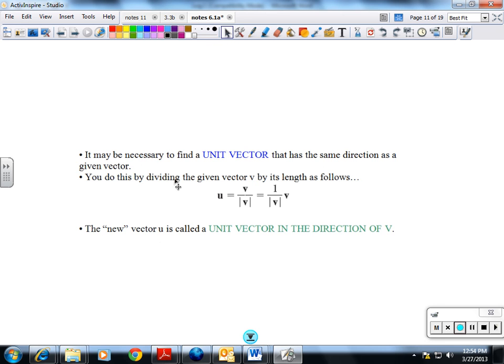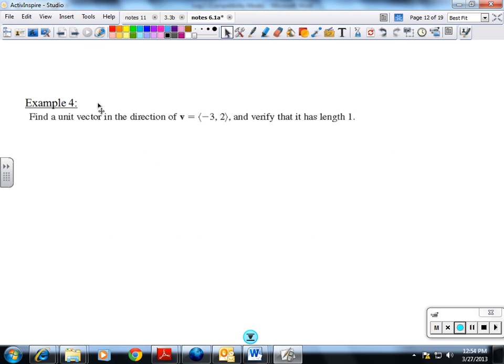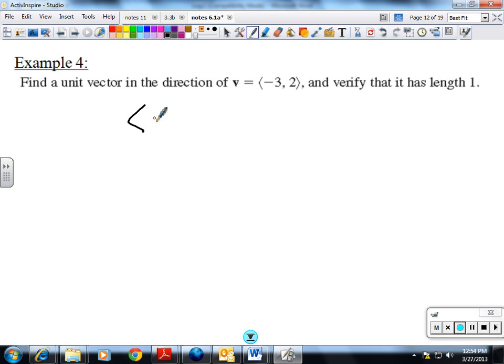Okay. Finding a unit vector, there's my formula. Basically, to find the unit vector, it's just the vector (a, b) over the magnitude of v, which is the square root of a squared plus b squared, divided by its length, or its magnitude.